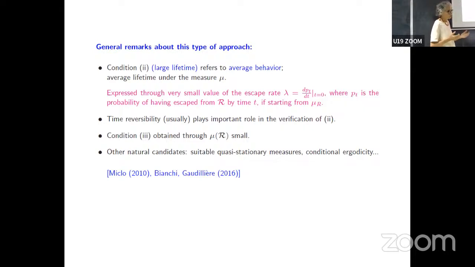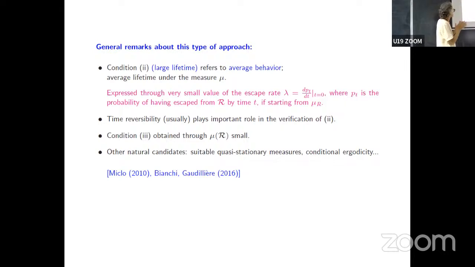Reversibility is what we have in a stochastic process, that if it's in equilibrium, you change the direction of time, and it's the same distribution. Finally, the other condition is that mu has to be small. This was the proposal in the 70s.